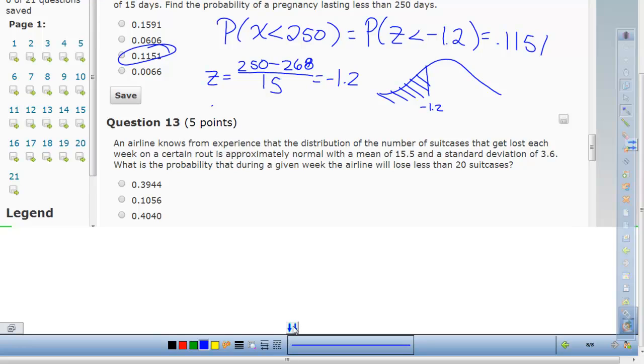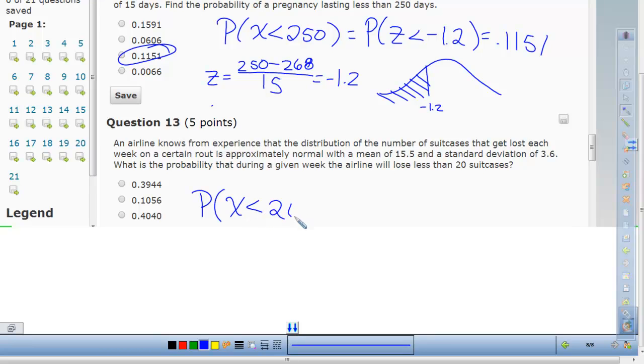So what method are we going to use to solve this problem? Or what type of distribution does it have? It's normal. And if it's normal, then we start with x, convert that to z, and then find our probability.